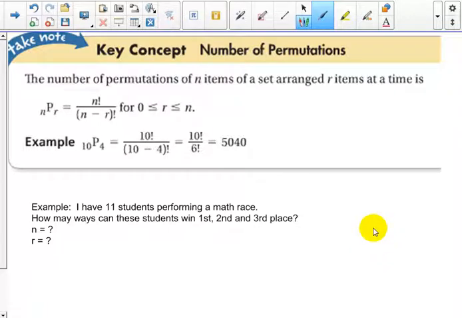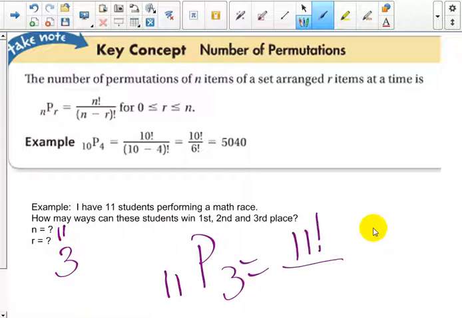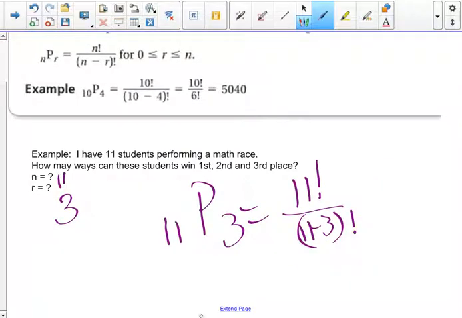What's my n here? 11. And what's my r? 3. So you got it. And then you would just plug it in. It would be 11P3 equals 11 factorial over 11 minus 3 factorial, and 11 minus 3 is 8.